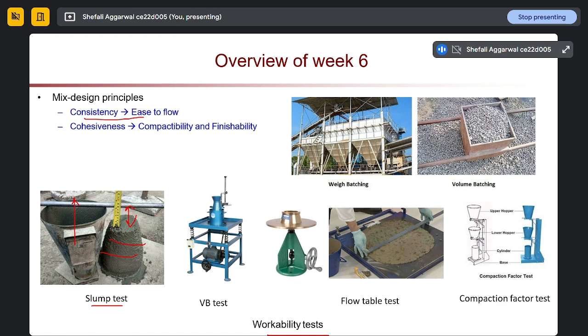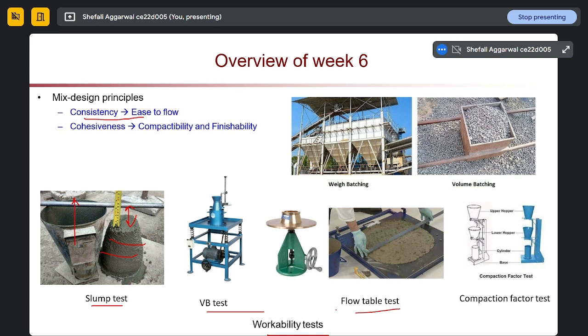So the next thing is what exactly is concrete. Concrete is a composite material composed of mainly two things. First is the cement paste, which has cement and water, and then aggregate, which is usually classified as coarse and fine aggregates. So this is a chart where we show the main components of our concrete.